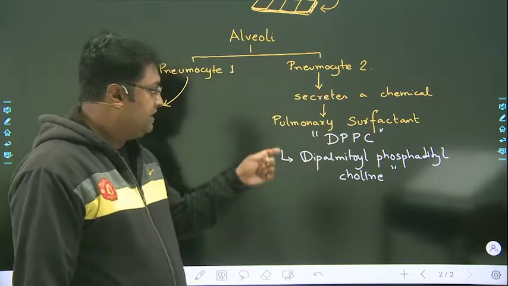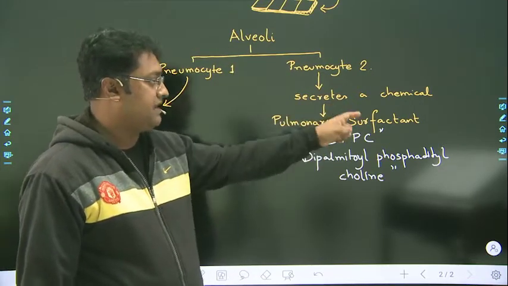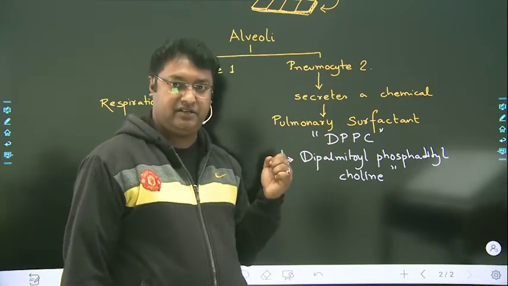Clear? So pneumocyte 2 secretes a chemical, and that is this surfactant.